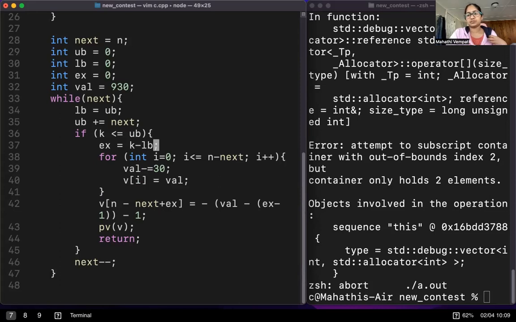Oh, okay, fine. Extra equals k minus lower bound. But in this case, it is equal to 2 rather than 0.